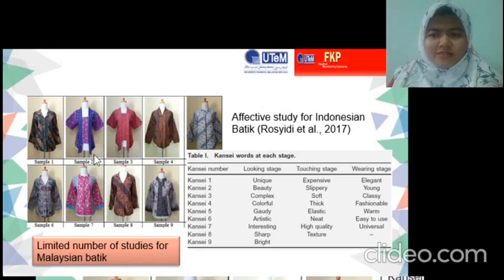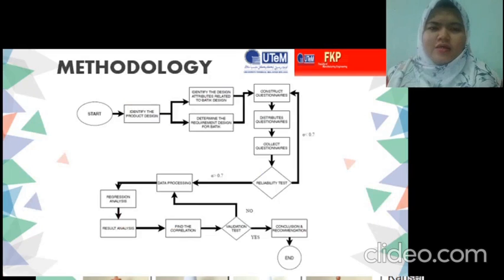There are many studies focused on Indonesian batik, but a very limited number of studies for Malaysian batik. And then these are keywords that can be used to find new attributes such as unique, beauty, complex, artistic, and so on.